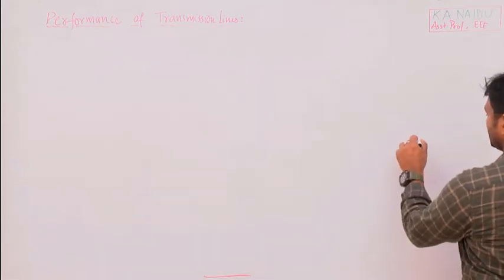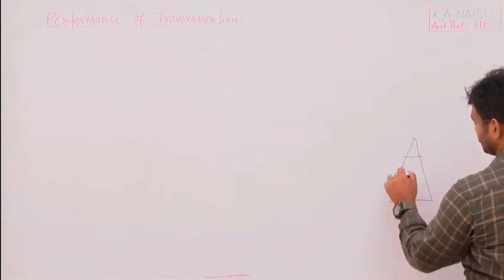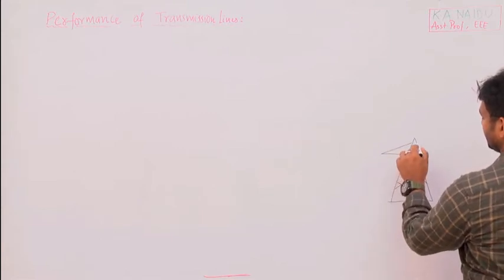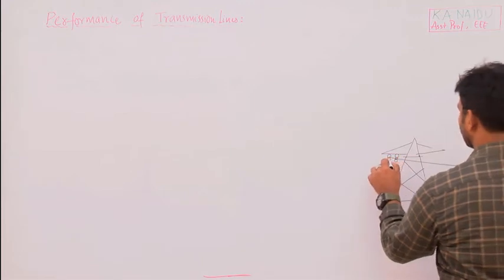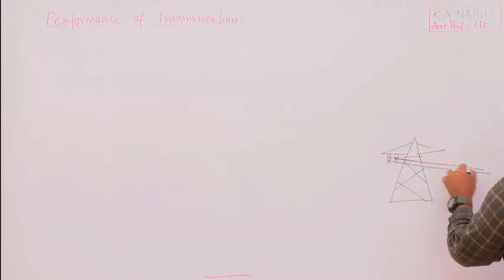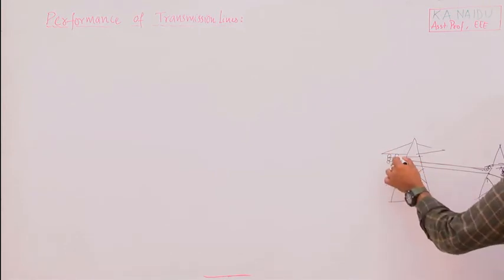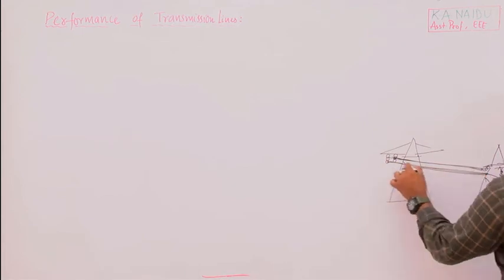Suppose this is a transmission tower, and these are the cross arms, and you have insulators here, and high voltage conductors are carrying the power from one point to another point like this. So these conductors are basically called as transmission lines.